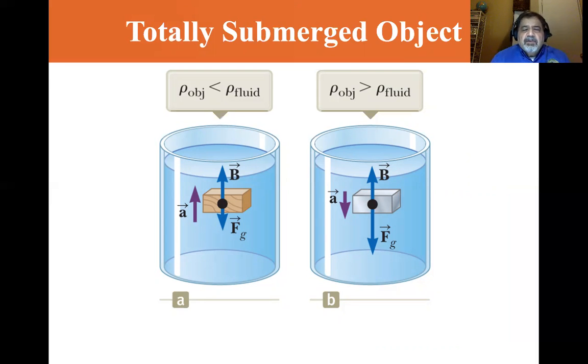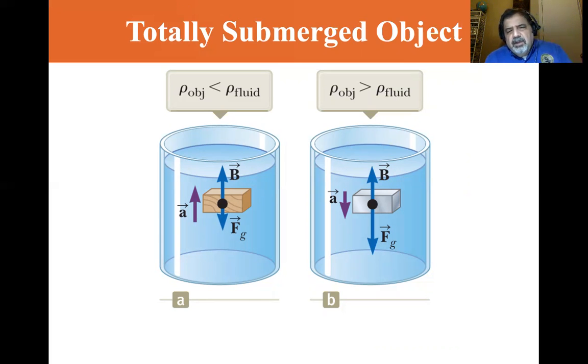And if it floats, the density of the object is less than the density of the fluid. Like a block of wood or even ice. We'll see that ice is less dense than water, and so it floats.